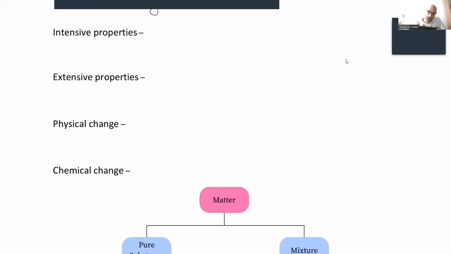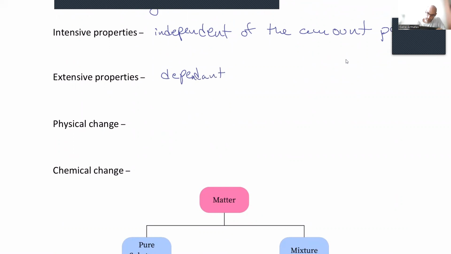So an intensive property is independent of the amount present, okay? Extensive is going to be dependent, or I guess I should say dependent on the amount present.